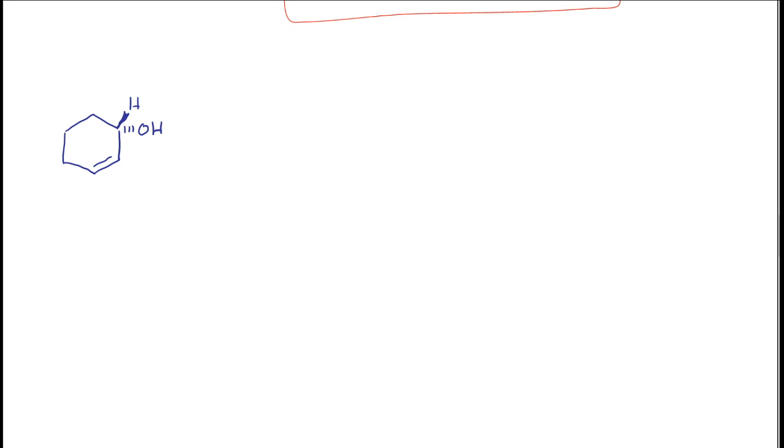I want you to assign the absolute configuration of that stereocenter in that molecule, of the one stereocenter in that molecule. Assign the configuration, R or S. It's called absolute configuration.